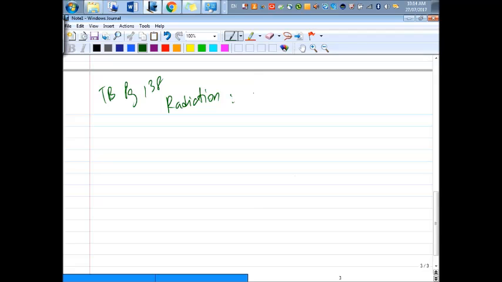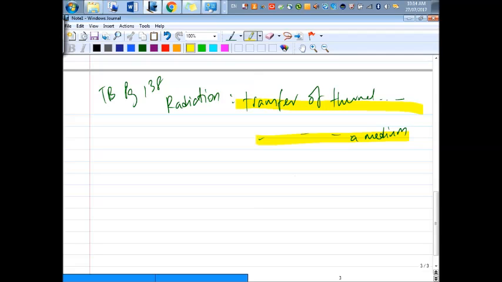So they say this is the transfer of thermal energy through a medium. So highlight the whole thing. You need to memorize. Then it can take place in a vacuum. Oh, but does that mean that it can only take place in a vacuum?